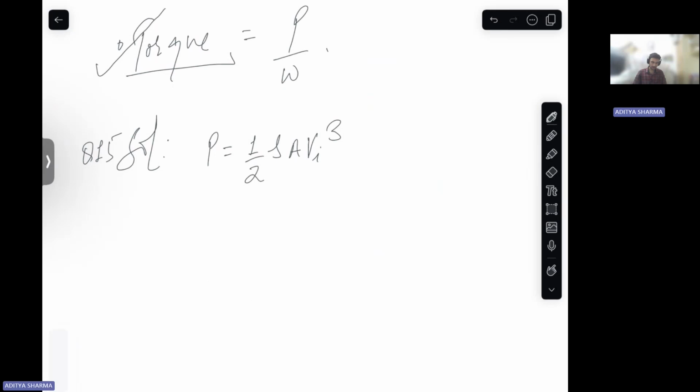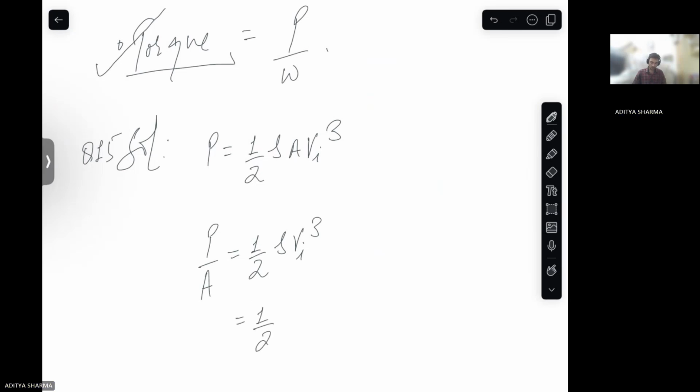Now they are asking for power density and its unit is watt per meter square. So which means they are asking for power by area.